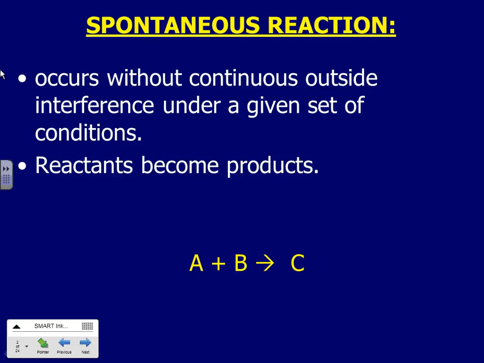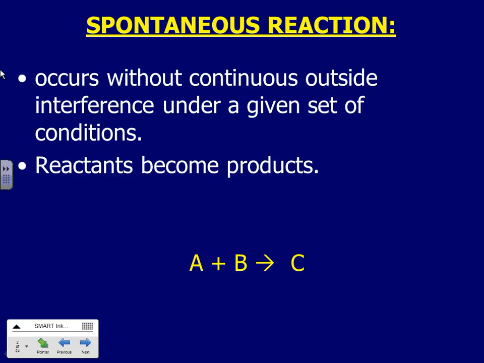Well, of course they do. That's what a chemical reaction does. So it seems kind of silly that we have to define it, but I guess the first one is the most important part. It occurs without continuous outside interference under a given set of conditions.